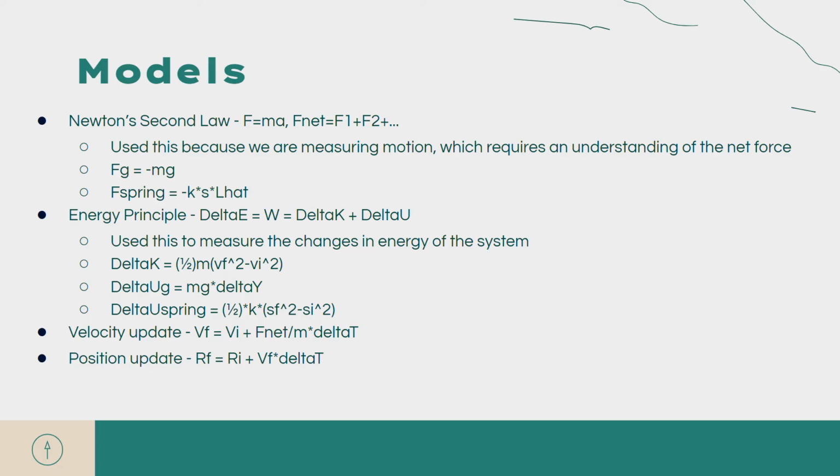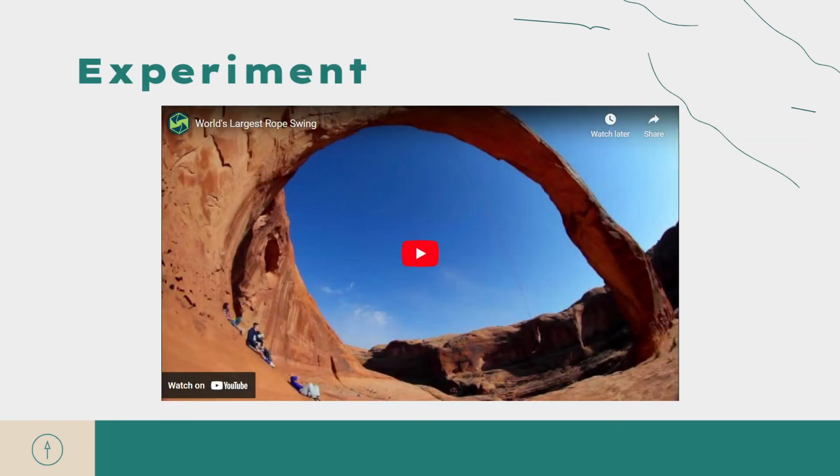I also use the energy principle, which is delta E equals work, which equals delta K plus delta potential. So I use this to measure the changes of energy in the system. I use the delta kinetic energy formula, the delta gravitational potential formula, and the delta spring potential formula. And I also use the velocity update formula and the position update formula.